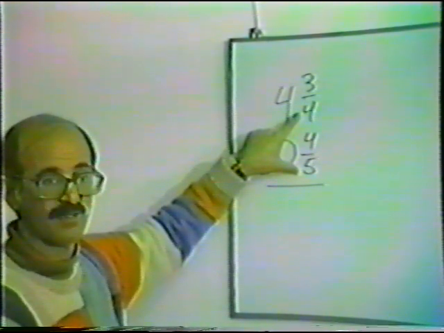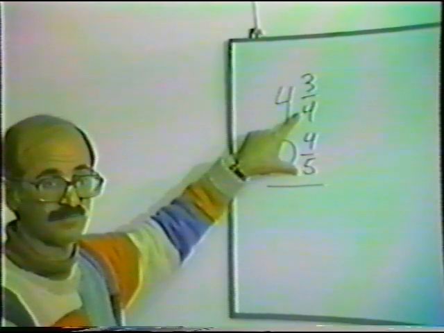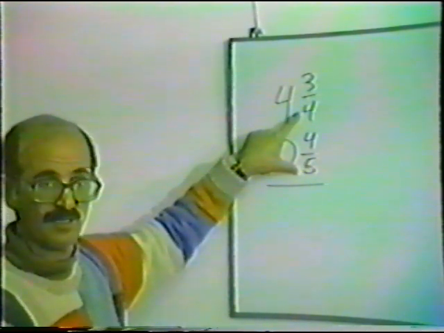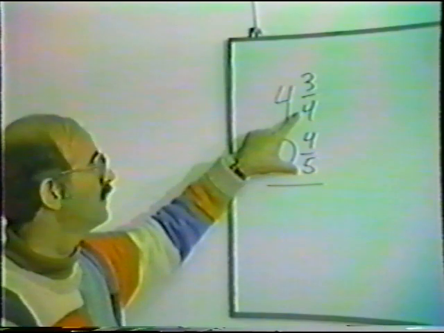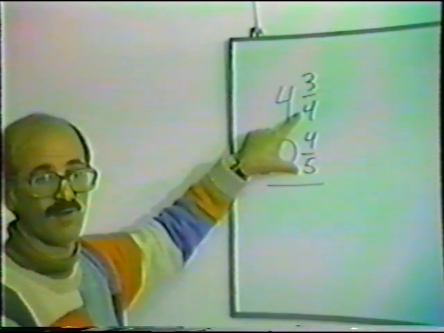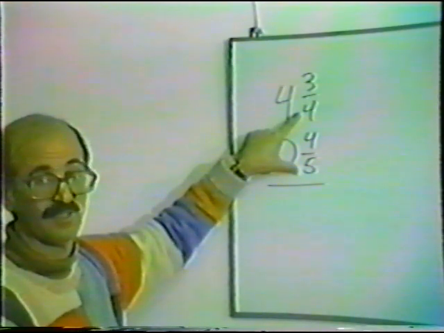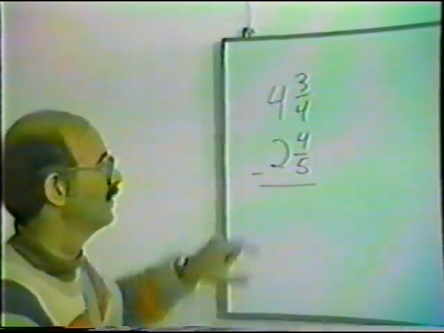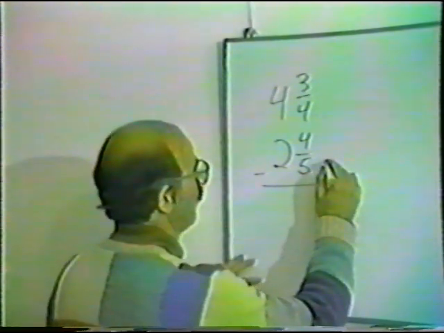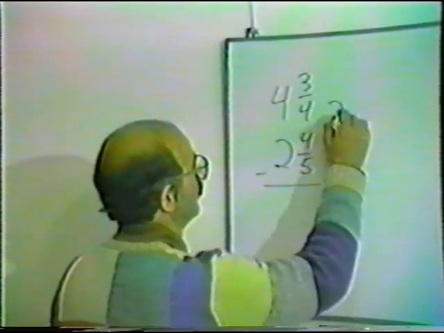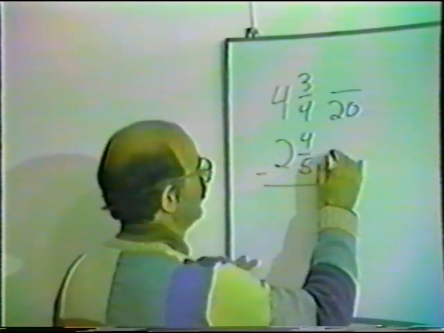Is 10 good for 4? No. 5 times 3, 15. Is 15 good for 4? No. 5 times 4, 20. Is 20 good for 4? Yes. 20 is your new bottom number.